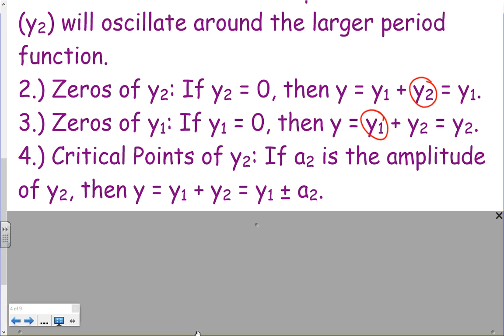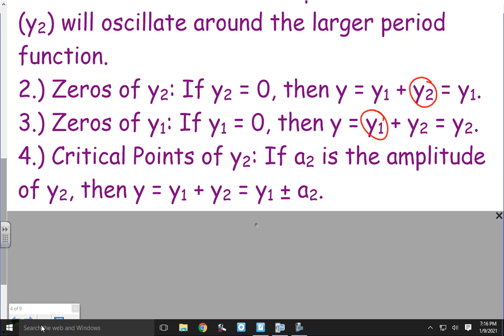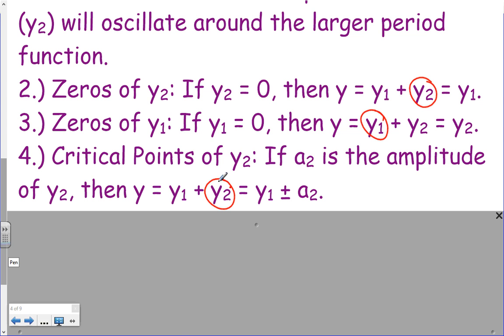But if a sub 2, we're going to call it, for the amplitude of y2, then when I take y1 and add it to y2, since we're at its high point or its low point, I can just simply add on whatever that amplitude is onto y1, and that'll tell me how far above or below y1 I should be sketching this point.